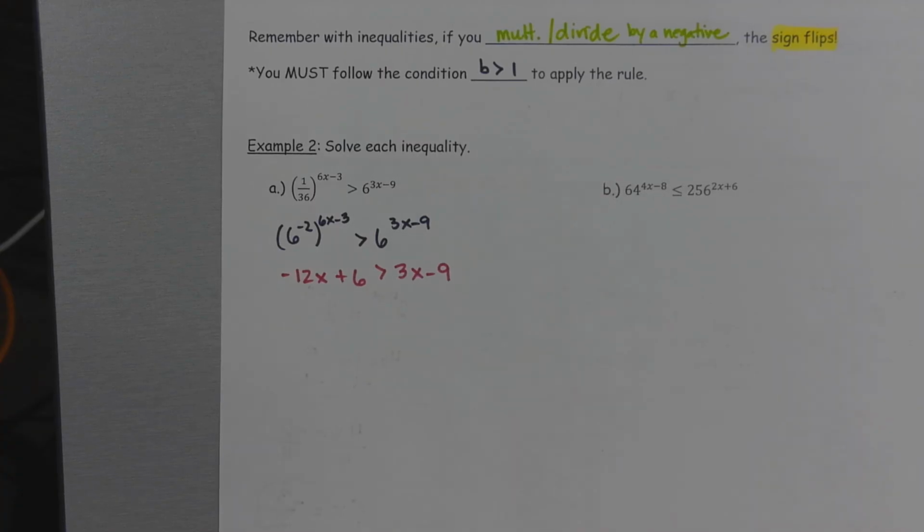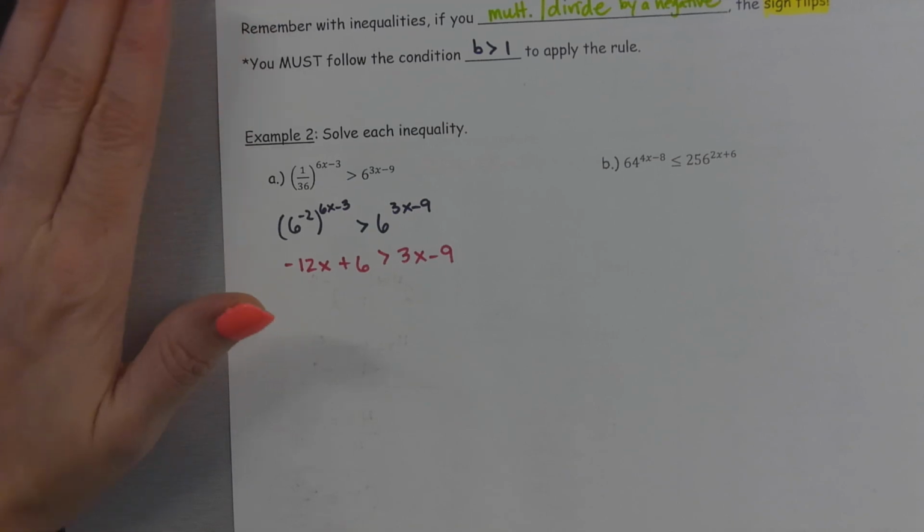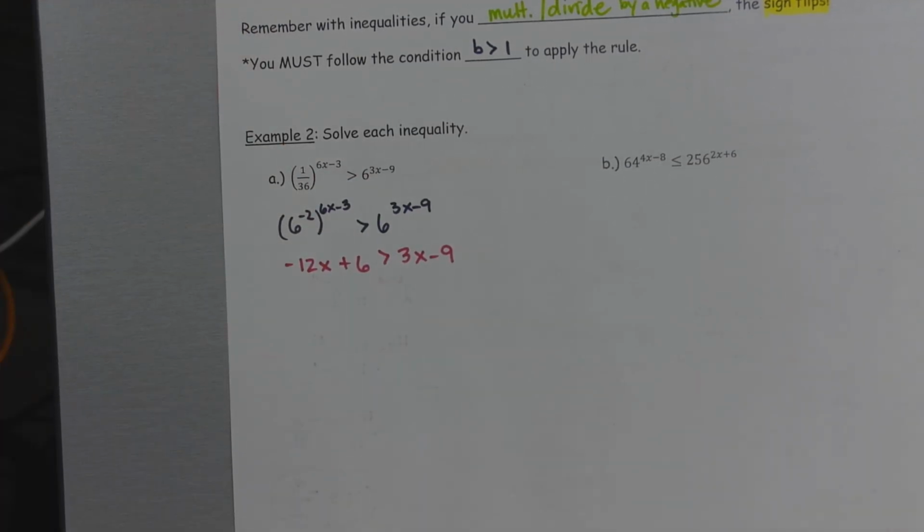All right, and then we are going to write this so that our x is on the left-hand side. So in order to do that, sometimes I will just move everything to the left already, so I have that already set up.